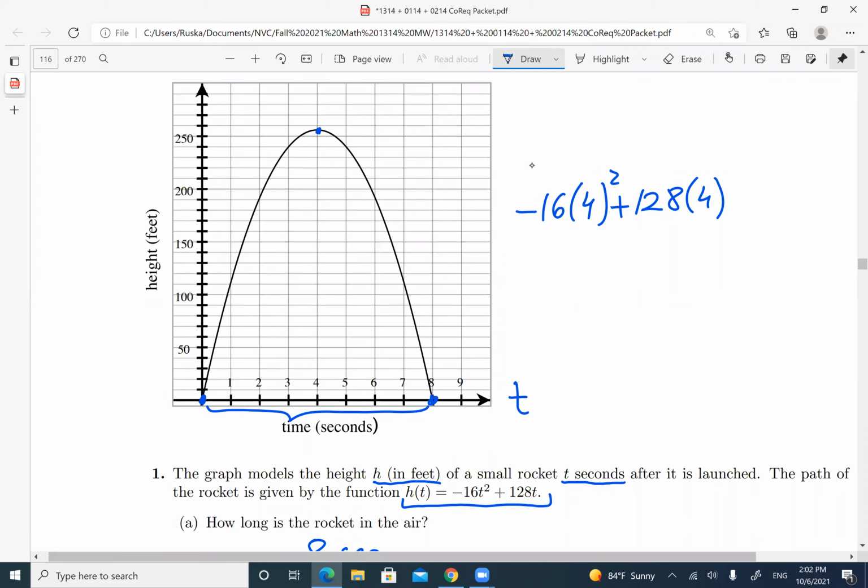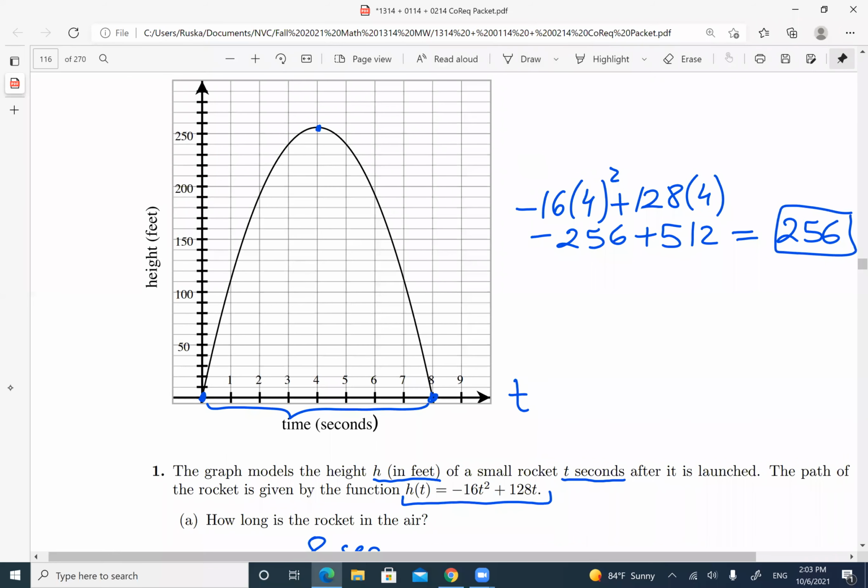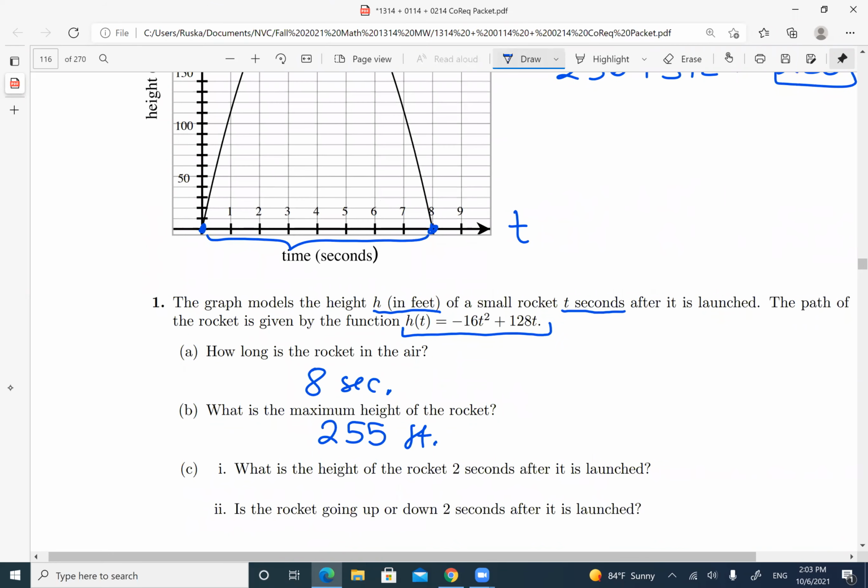So we have 16 times 16 is -256, plus 128 times 4 is 512. So it's actually 256. Everybody see that? So the height is not 255, it's 256. Okay? So if they give you the equation, not only the graph, you can calculate using the equation: 256 feet.